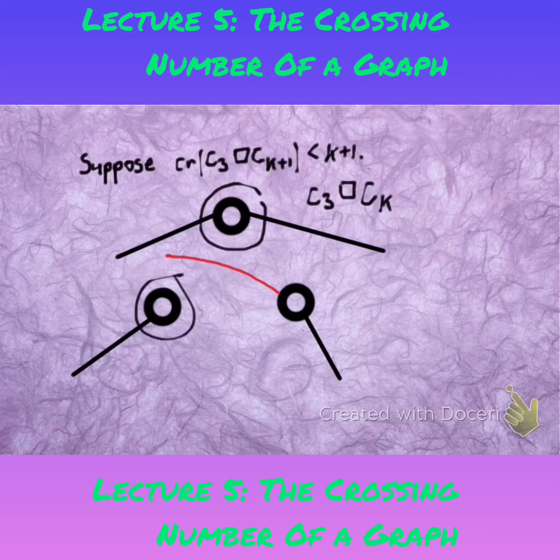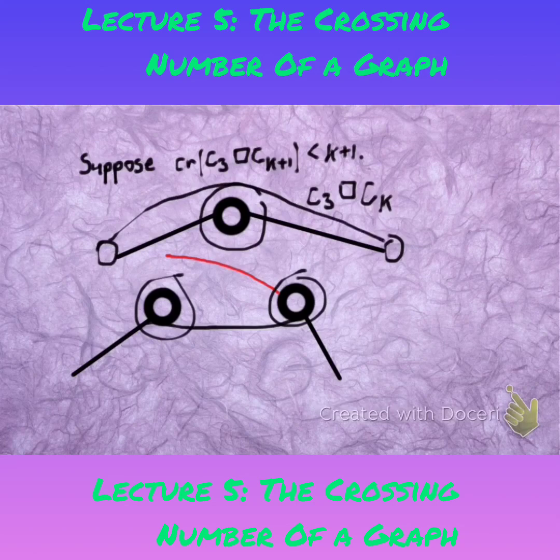If I delete these vertices and extend these edges, joining whatever vertices I have there, I'm going to get C3 C_k. That is essentially what I'm doing: getting a subdivision.